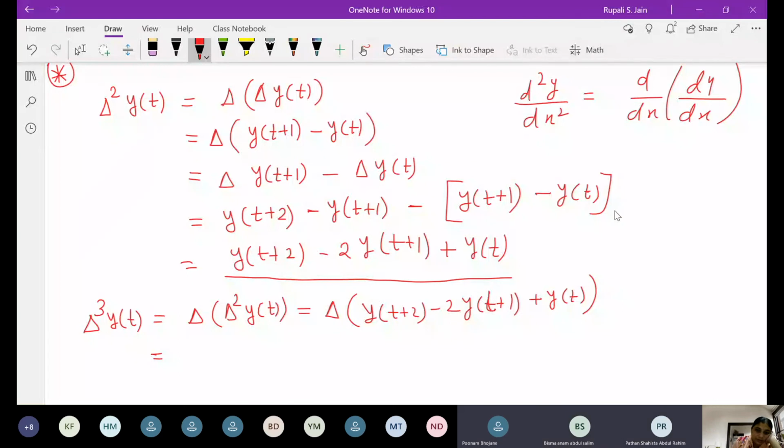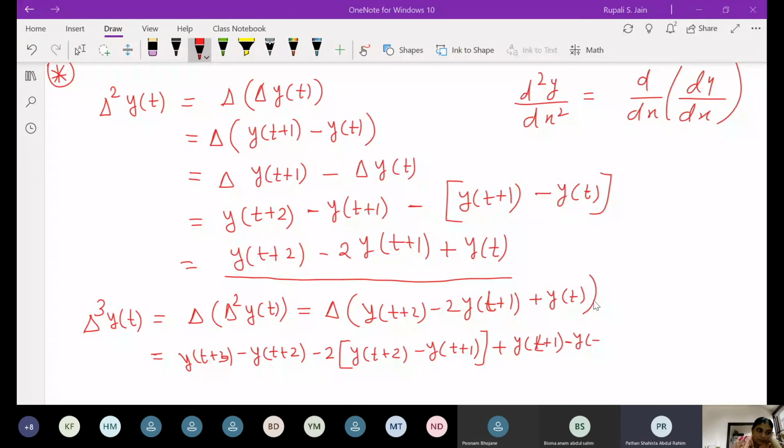If I simplify, I will get y at t plus 3 minus y at t plus 2, minus 2 times (y at t plus 2 minus y at t plus 1), plus y at t plus 1 minus y at t. Can you see this yt?